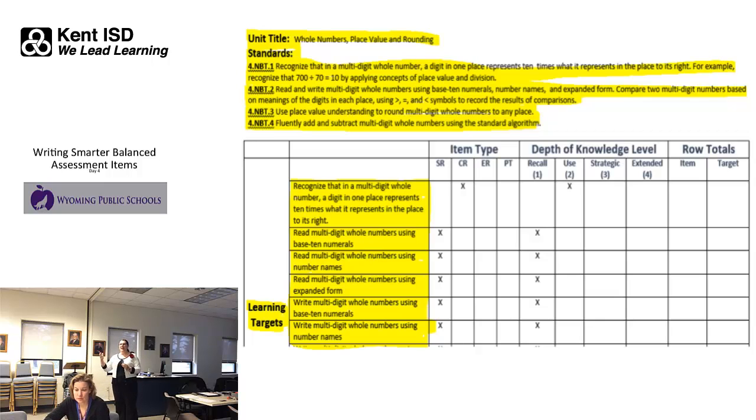And so as we get into our 4th and 5th steps within this process, you're going to start taking a look. Are we assessing this learning target way too many times within one assessment? How many questions are enough questions? And what length is appropriate for our students? So I think all of those are factors in determining how many standards you're going to use within your assessment as well.